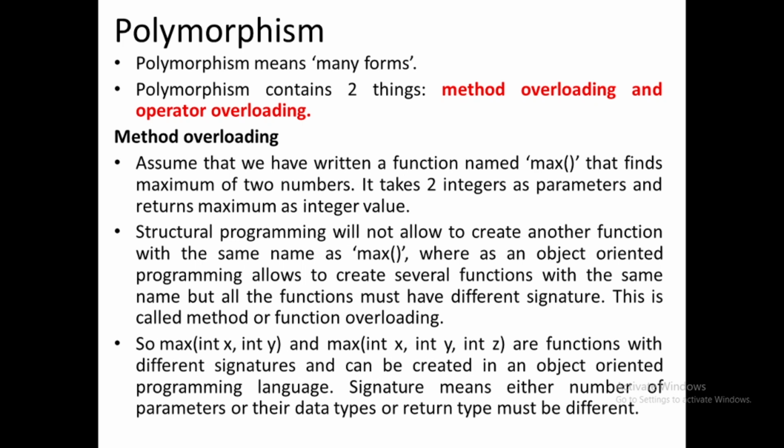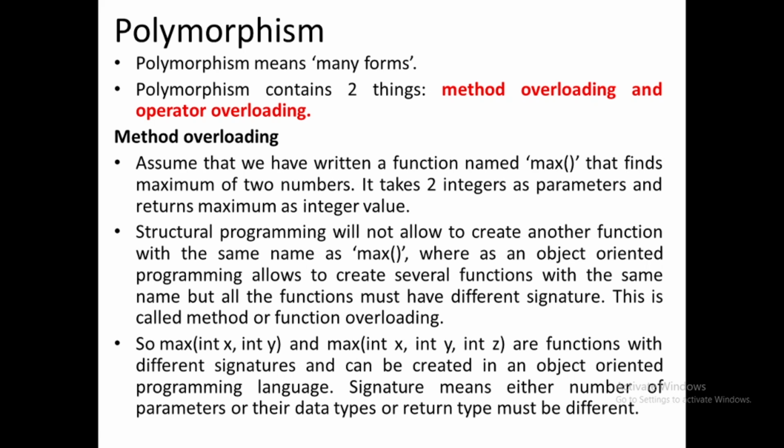So let's see. max(int x, int y) and max(int x, int y, int z) are functions with different signatures, because in the first one there are two parameters, and in the second max function there are three parameters. So both methods contain different signatures and can be created in an object-oriented programming language.